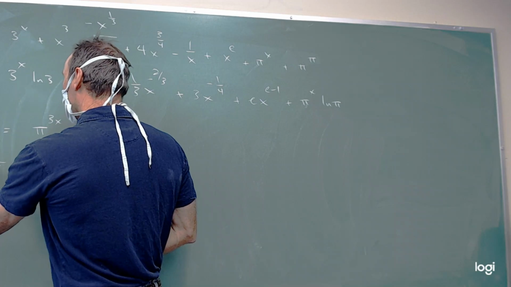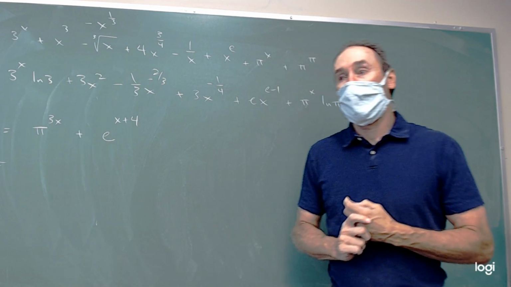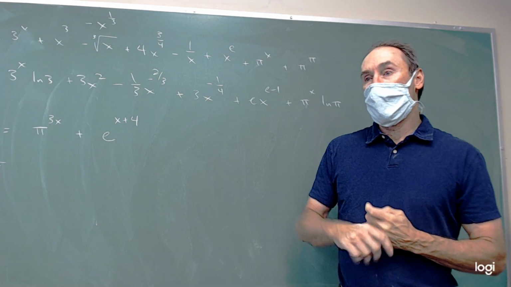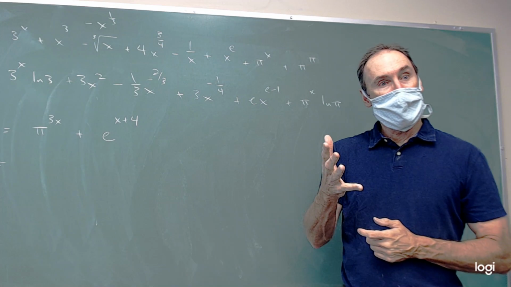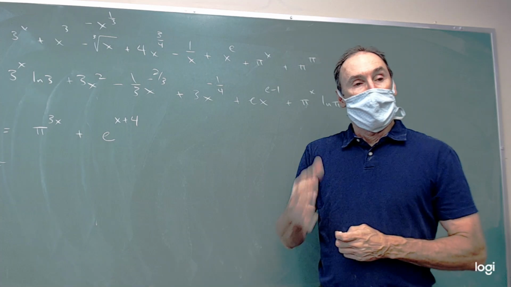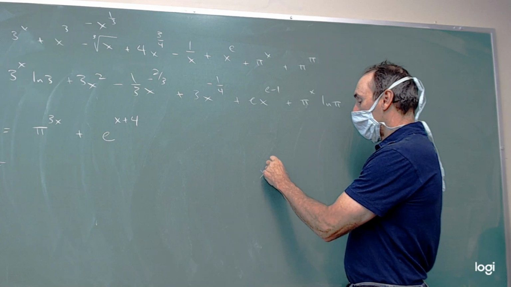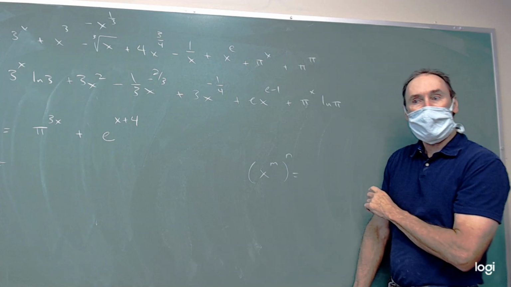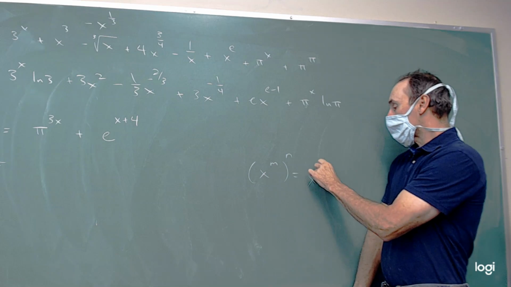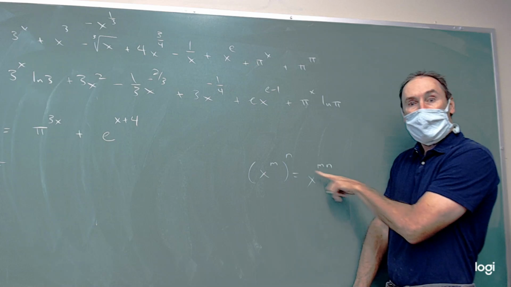So before we try to use our calculus, how can we make this be something to the x? Pi to the 3x. Remember the properties of exponents: when you have x to the m raised to the n, you go x to the mn. So we're going to go right to left on this one.